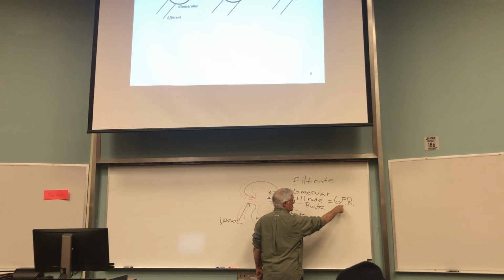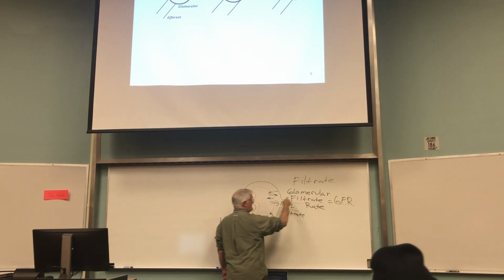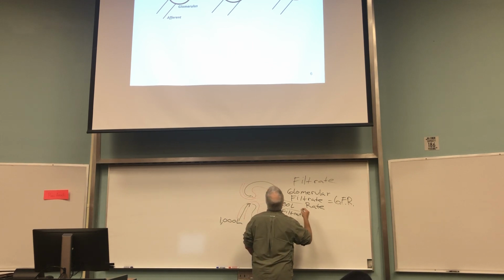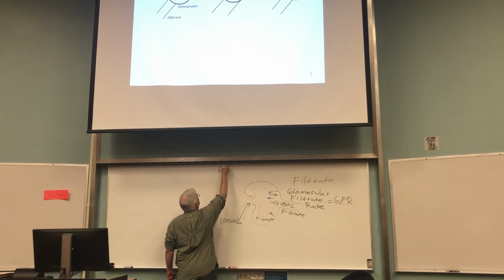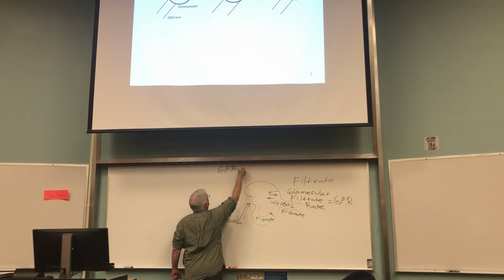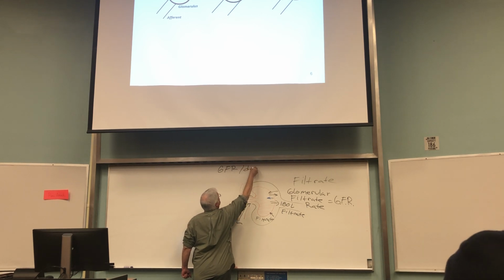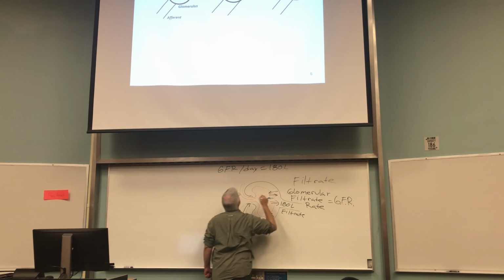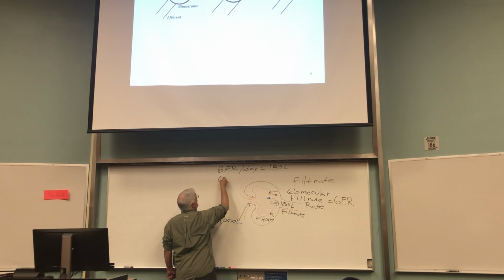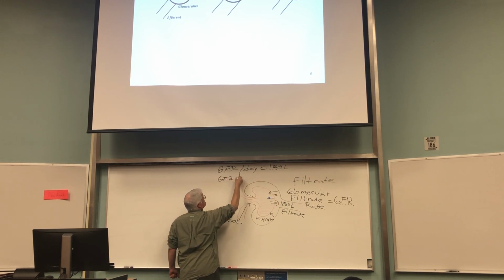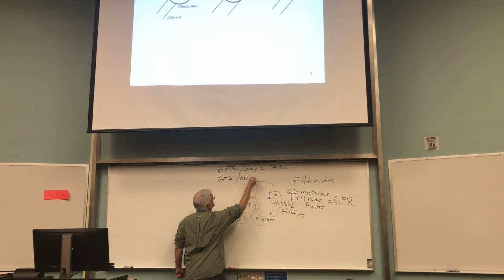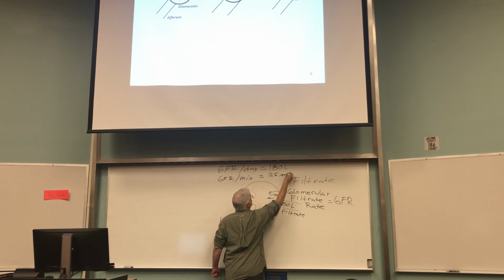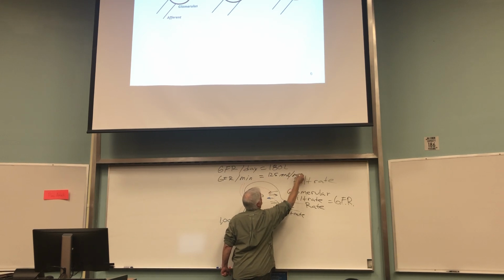On a daily basis, GFR per day equals 180 liters. Or I can do GFR per minute, which equals 125 milliliters per minute.